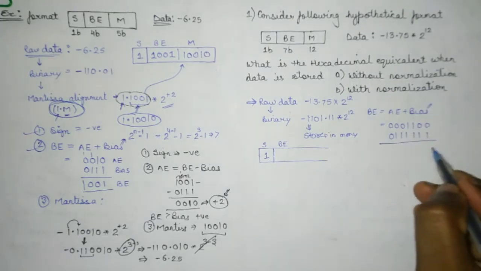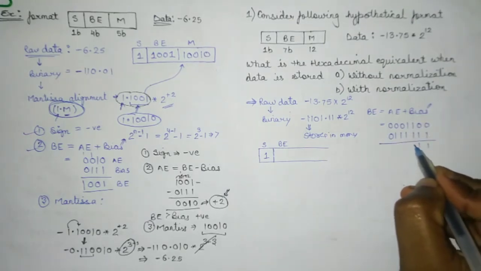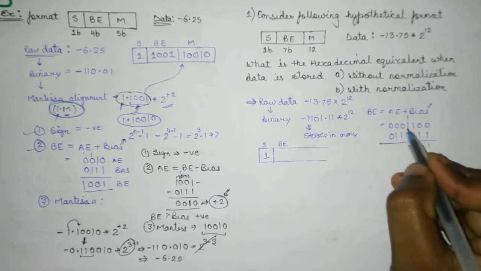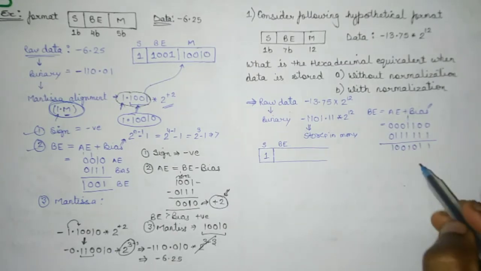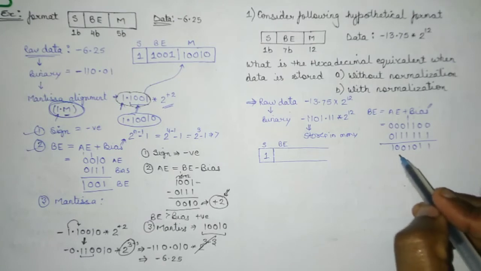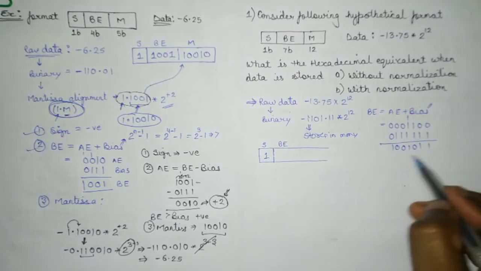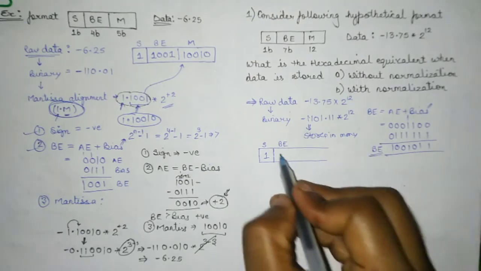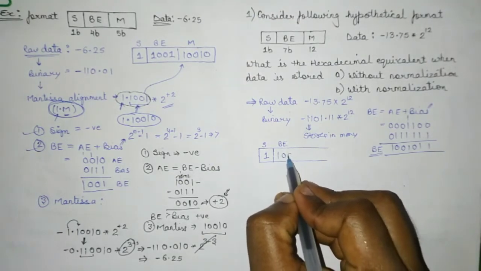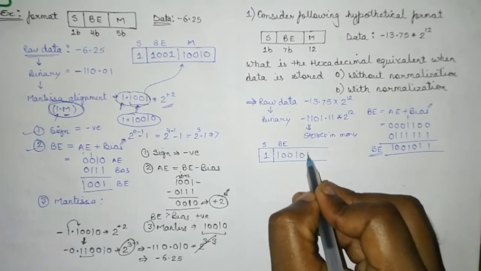Now we have to add these values. The output will be 1001011. This is our biased exponent, so I am storing the biased exponent here: 1001011.